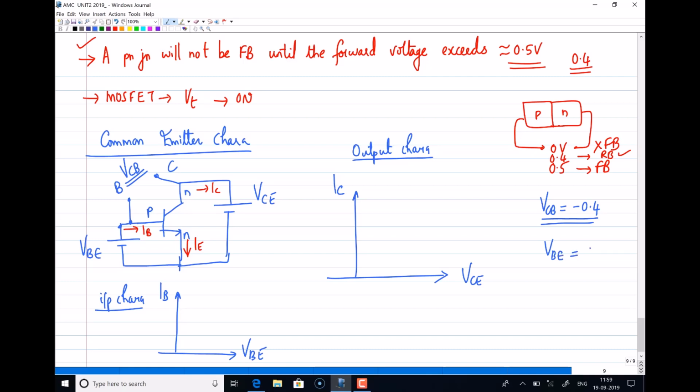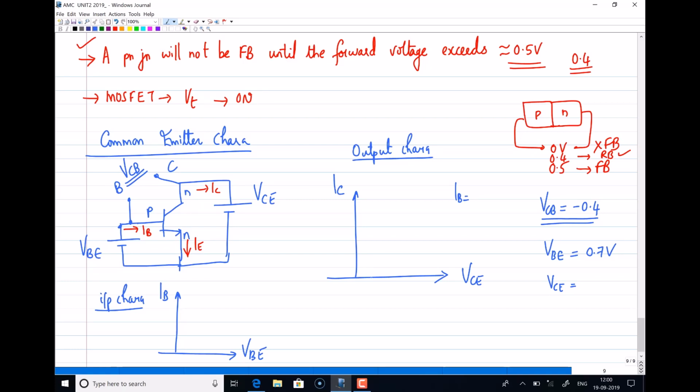Now I am considering another value where VBE equals 0.7, just to plot this graph. The output characteristic is drawn for different values of IB. For one particular value of IB, there will be some VB value. So I am assuming that VB is 0.7. Now the voltages applied are VB and VCE.